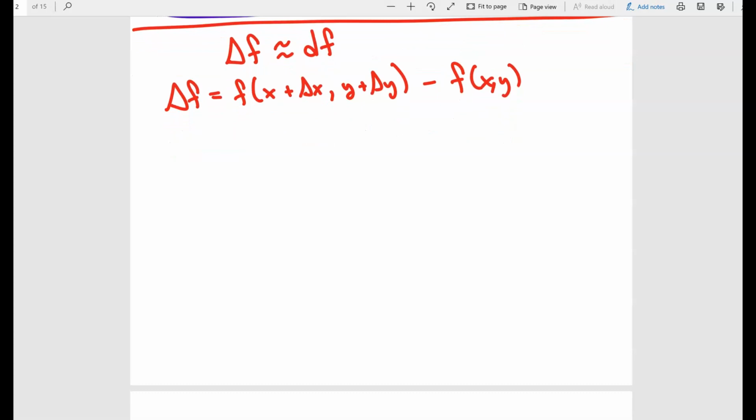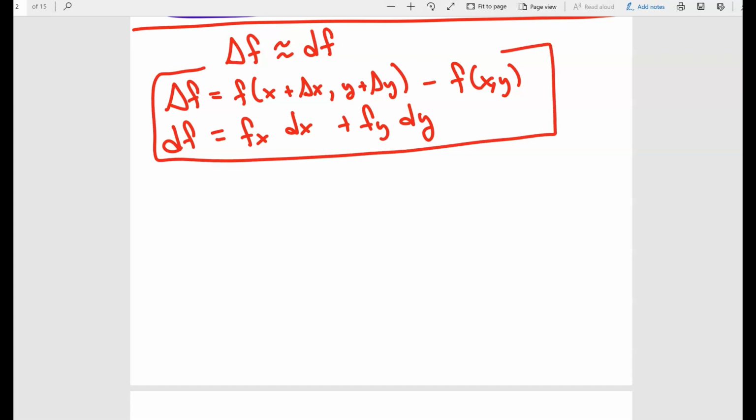Okay, and we know that differential df is equal to f sub x dx plus f sub y dy. So mathematically speaking, it might be easier to just deal with a derivative than it might be to plug in new information into the original function. Okay, so that's basically what the differential is used for.